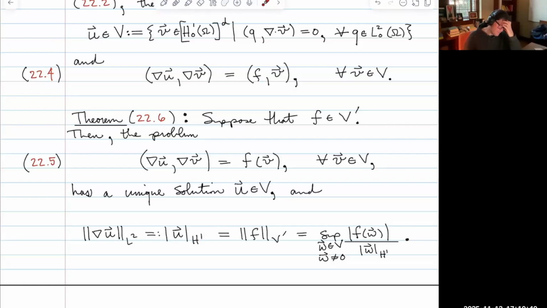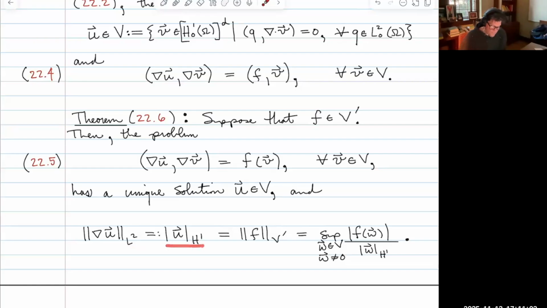The other part of the Riesz representation theorem says that the solution U that I derive when I use the energy norm, so this is the energy norm, okay? And by the way, this is what I'm going to use as my notation for the H1 semi-norm for vector functions. That's just the derivative part of the norm.